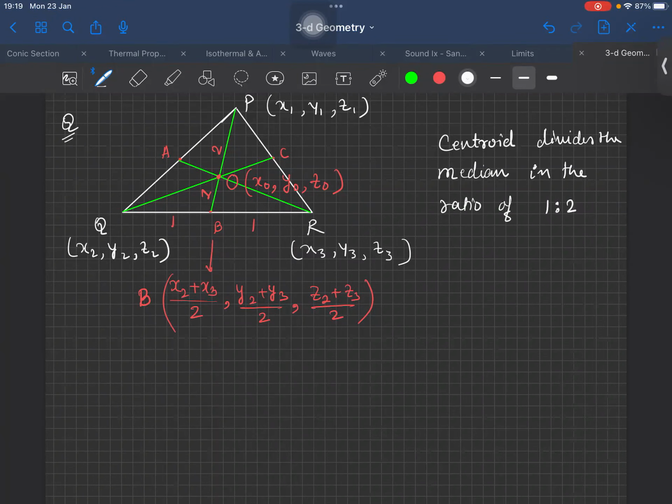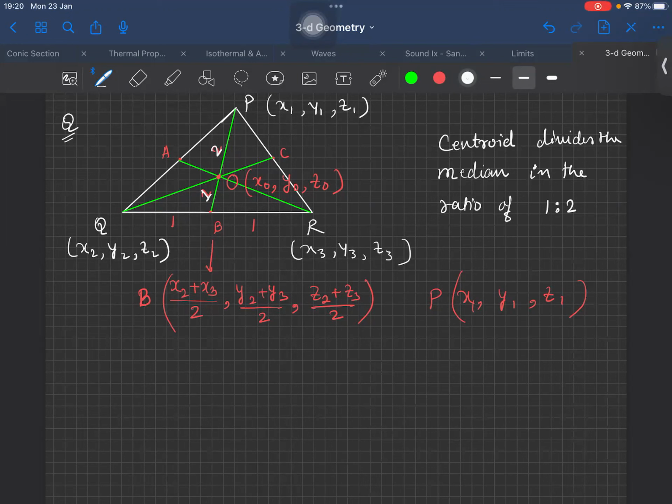Now we know the coordinate of point P. We have B and we have P x1, y1, z1, and it's being divided in the ratio of 1:2. So let's write the coordinate.